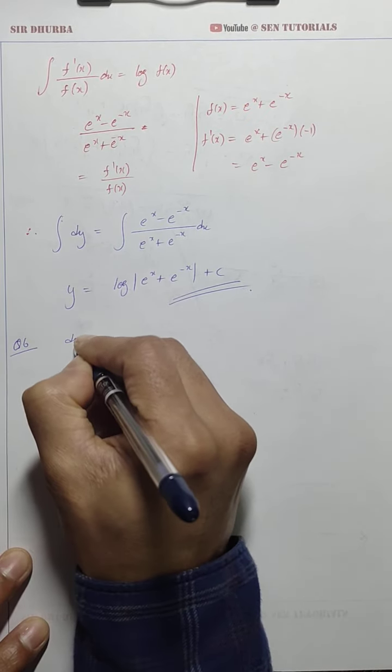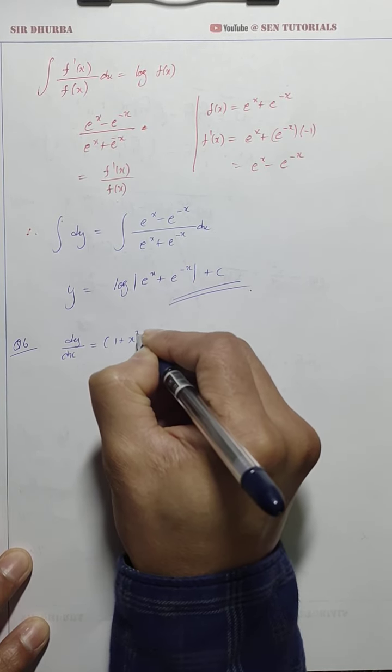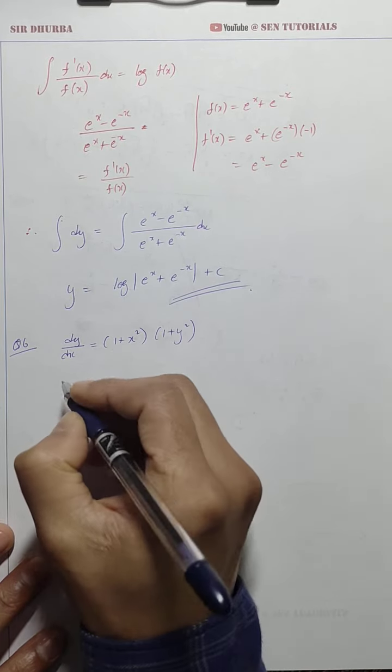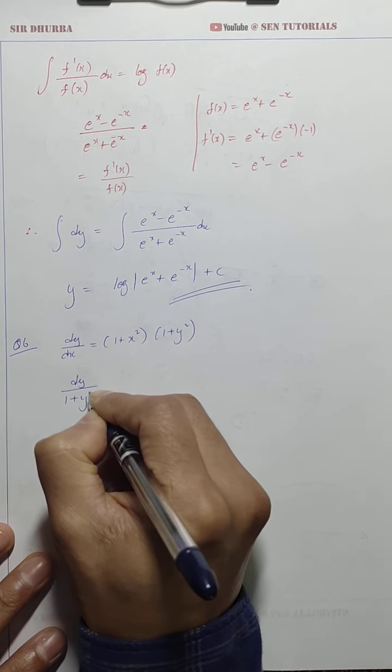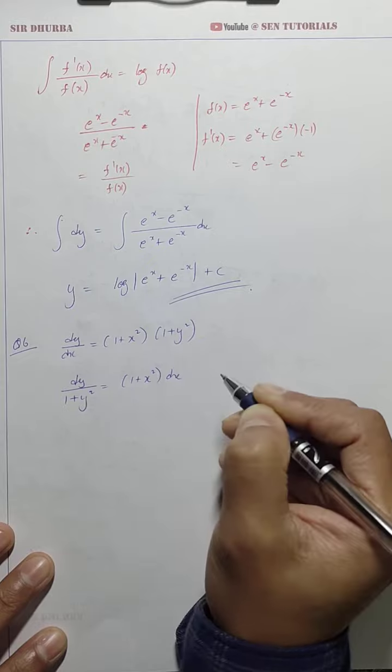Question number 6, one last question, and in the next video we will try to finish the exercise. dy by dx equals 1 plus x square over 1 plus y square. Let's try to separate the variables first here. That is dy into 1 plus y square equals 1 plus x square dx.